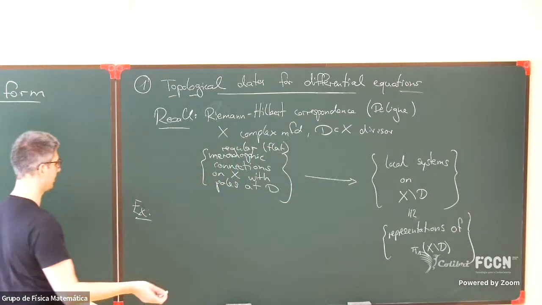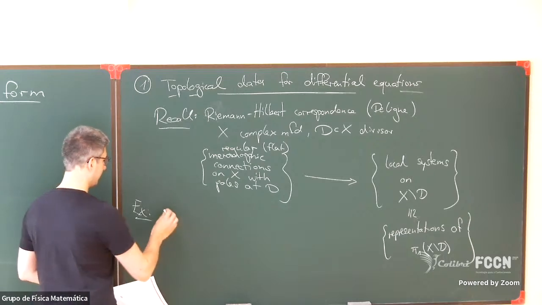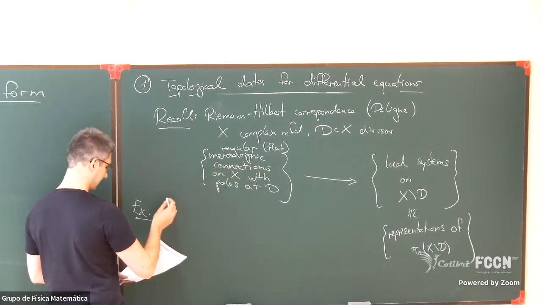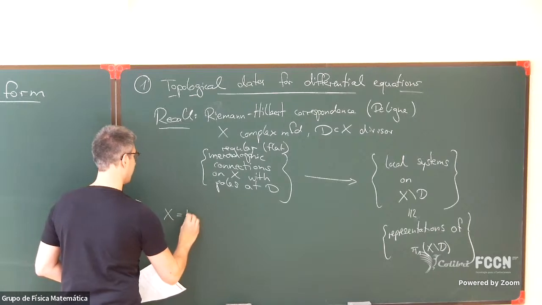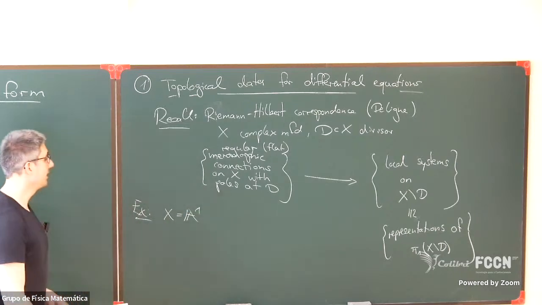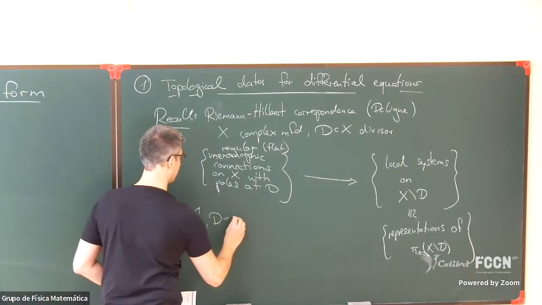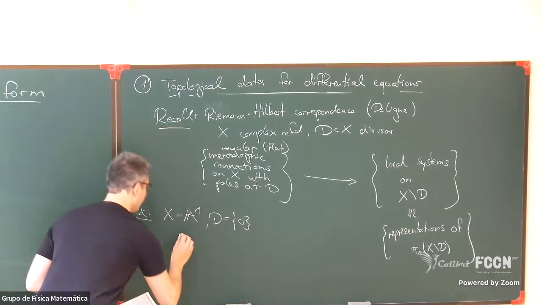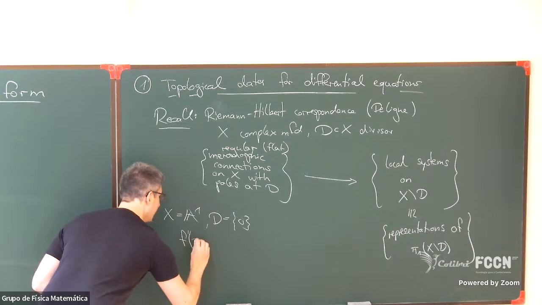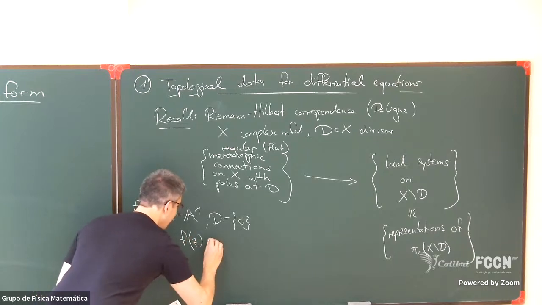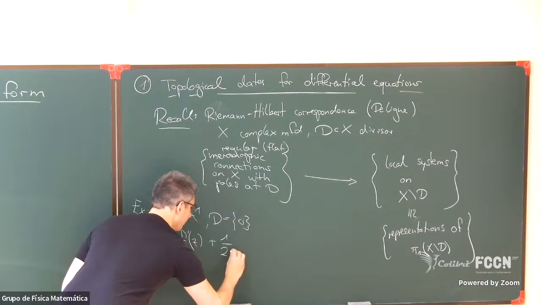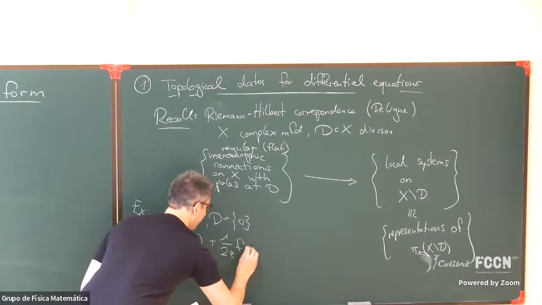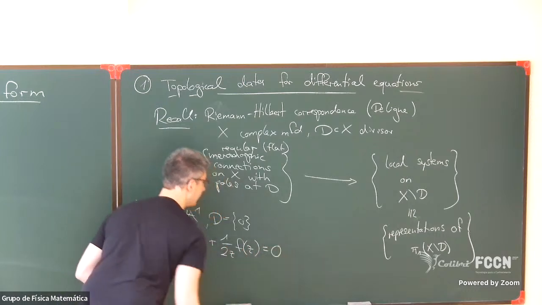So let me give a very easy example for this, which is probably clear to you, but I still give an example. Let's say we are on A1, so on the complex plane. Our singular locus is supposed to be the origin. And I consider the differential equation f prime plus 1 over 2z f equal to 0.